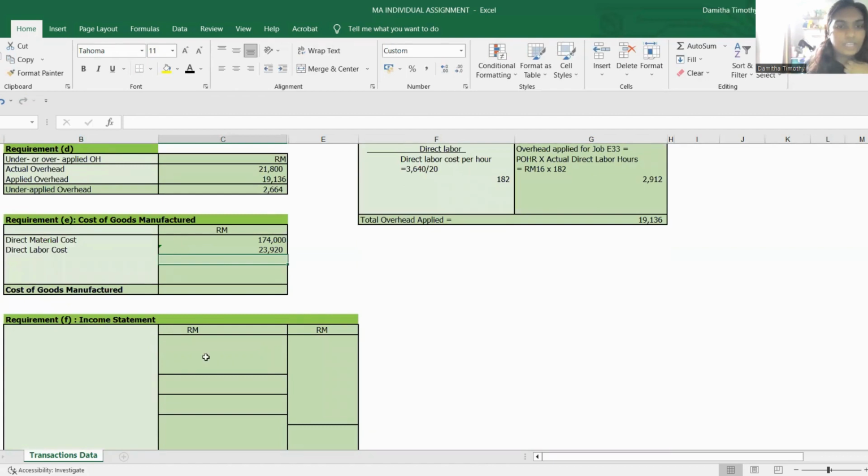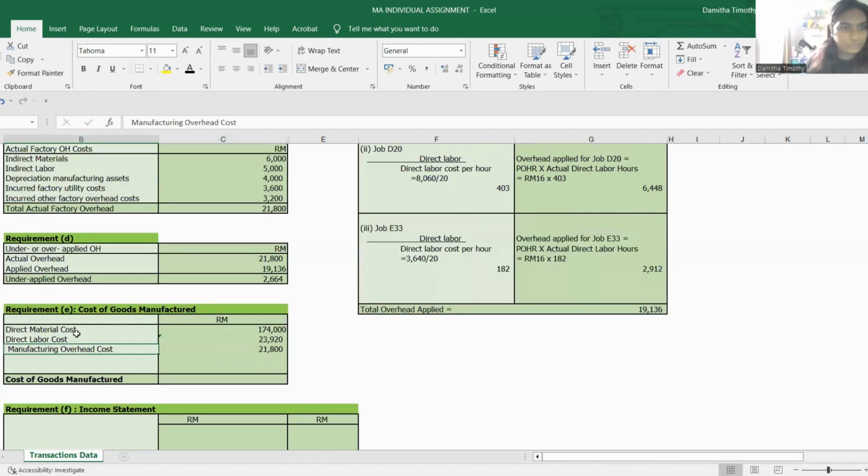For the manufacturing overhead costs, you will take the actual factory overhead, which is 21,800. So next we'll move to the beginning work in process. For the beginning work in process, I will take the value 21,000 over here.